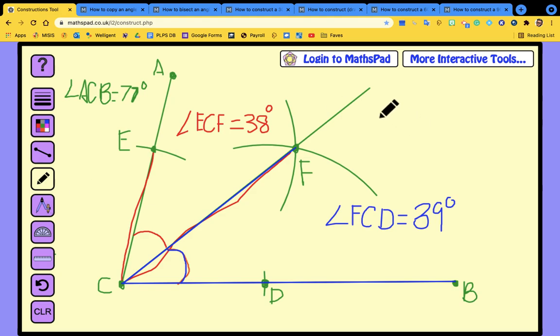We can say that angle, red angle, angle ECF, plus blue angle, angle FCD, is equal to the green angle. 38 plus 39 is 77, which is angle ACB.